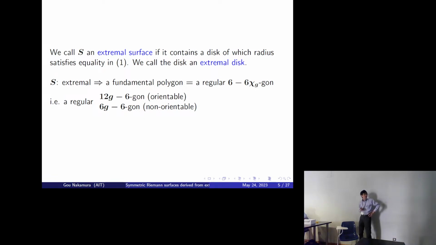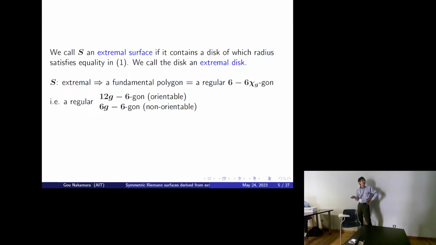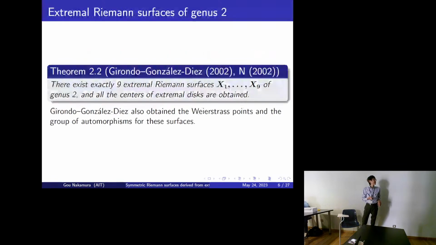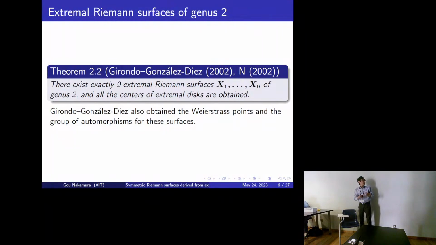If S is extremal, then we can take its fundamental polygon to be a regular polygon, that is a regular 12g minus 6 gon or 6g minus 6 gon according to the orientability. So this slide shows extremal Riemann surfaces of genus 2.